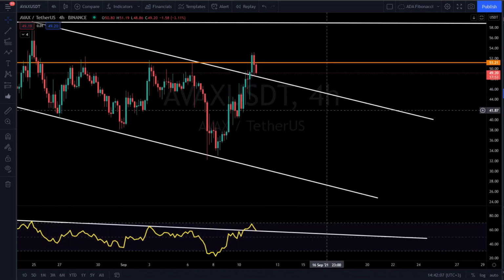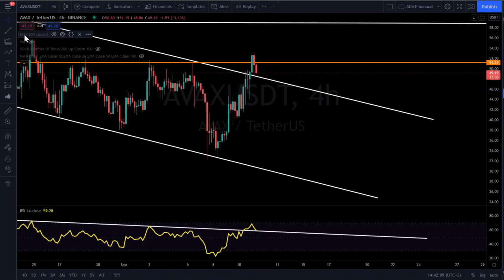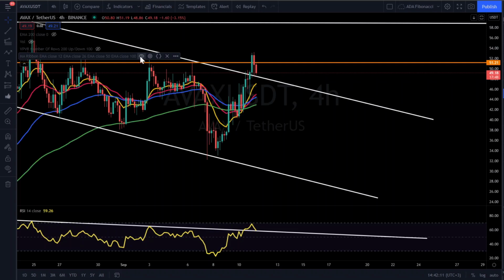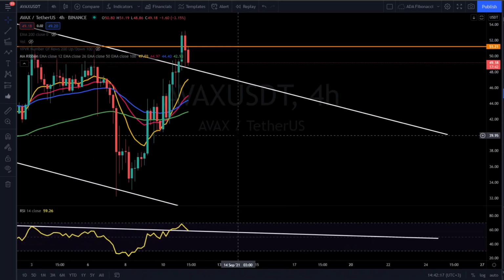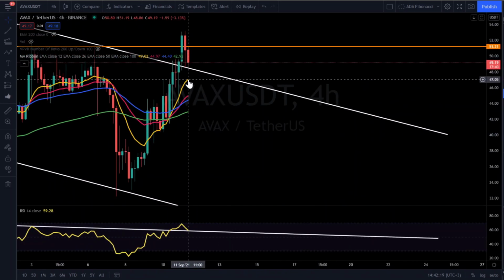The third thing that needed to happen, that has happened, is that the moving averages had to line up for us. So we have a 12 EMA, a 26 EMA, a 50 EMA, and a 100 EMA here.